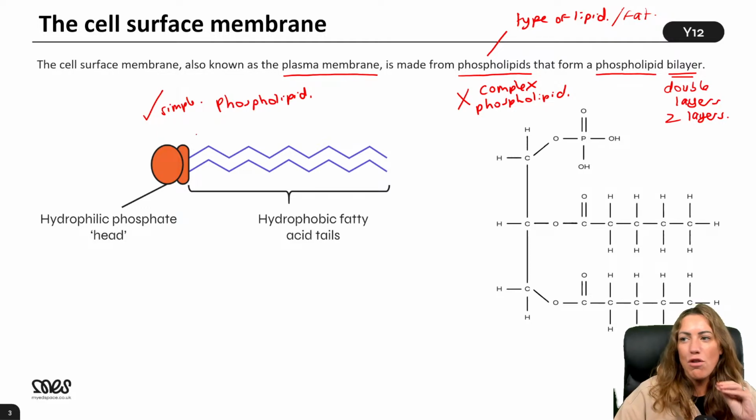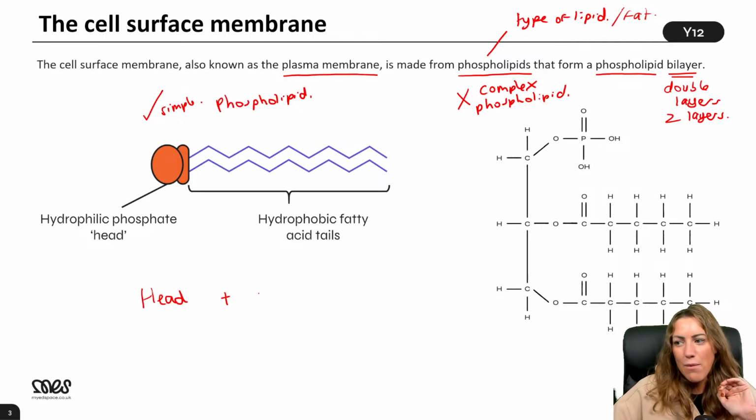But the reason we draw it like this is because we've got two parts to this phospholipid. So we've got what we call the head, and then we've got what we call the tails. Now the head of the phospholipid is actually made out of two things. So the head is made out of glycerol. Hope you're writing this down.